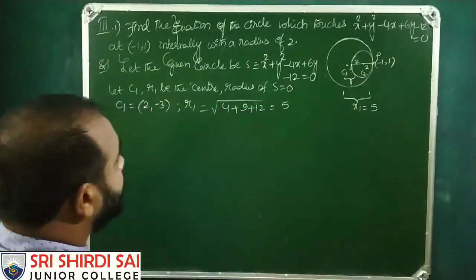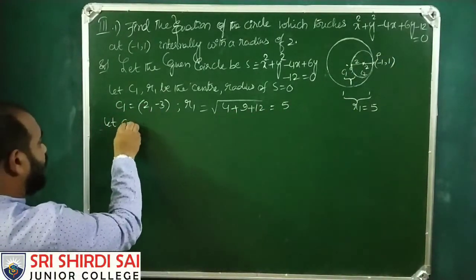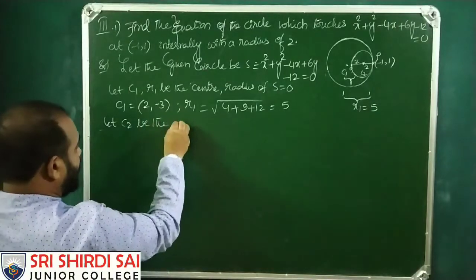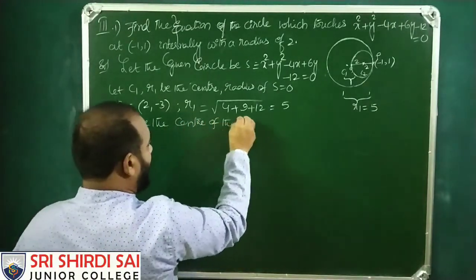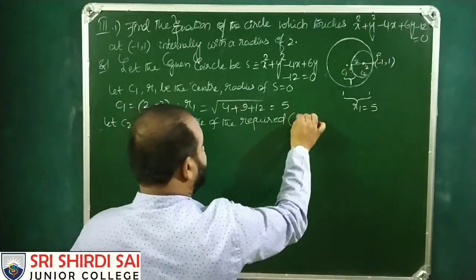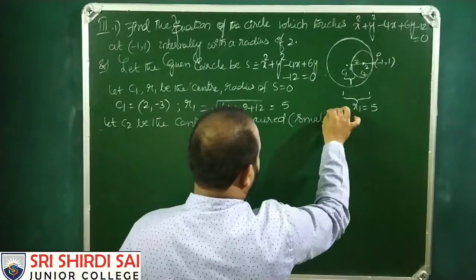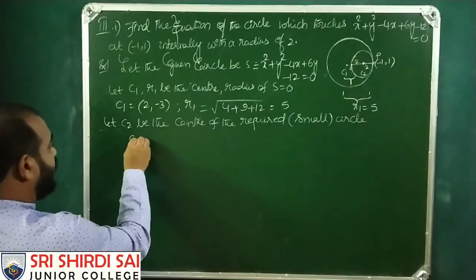Now let C2 be the center of the required circle. The required circle is the small circle in the diagram. So what is the center C2?